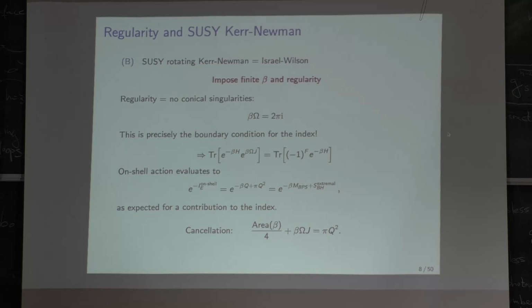So now you have a smooth Euclidean solution, and you're going to do everything in Euclidean signature. But the solution will have a naked singularity if you continue to Lorentzian signature, is that right? It's not necessary. You would have one of two things.